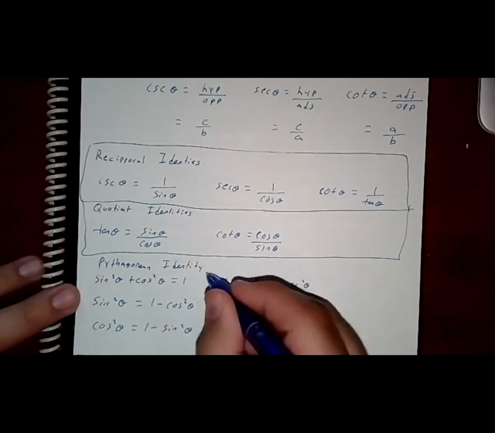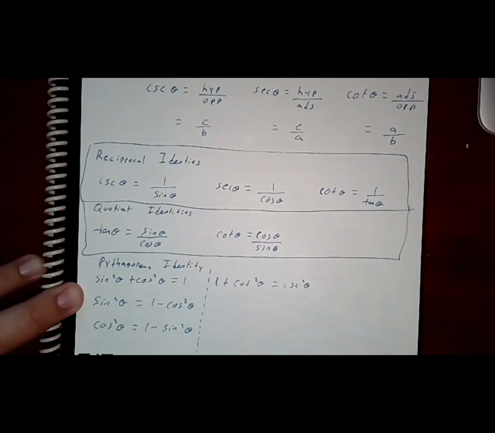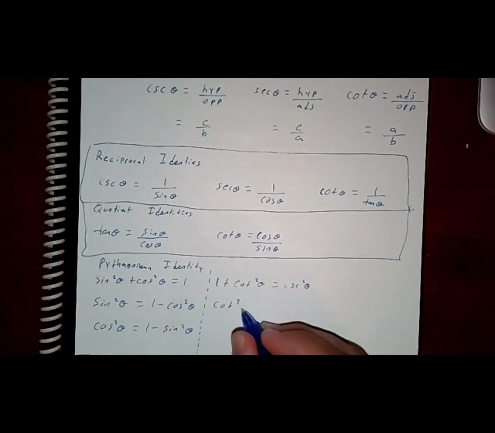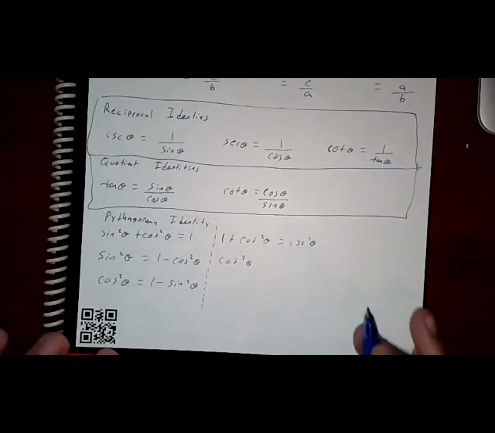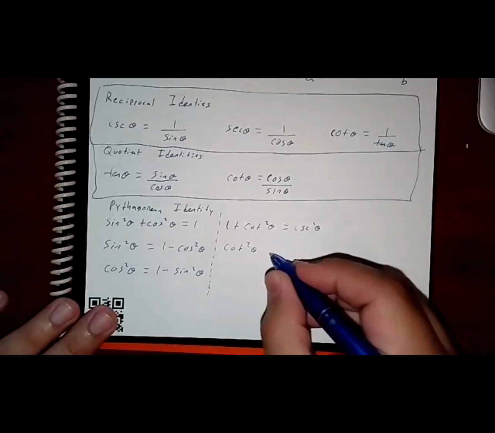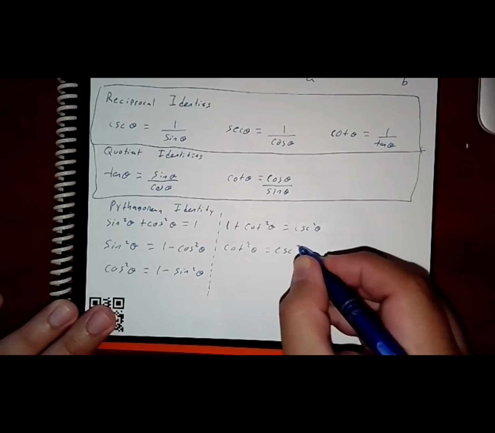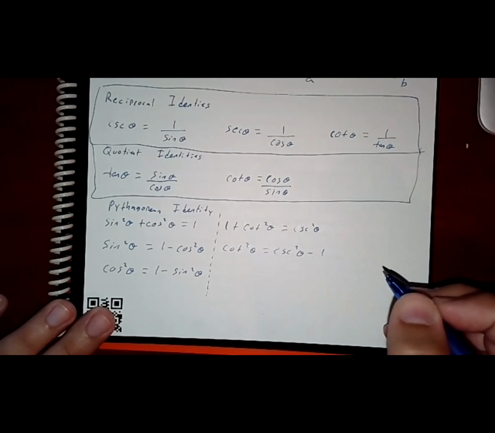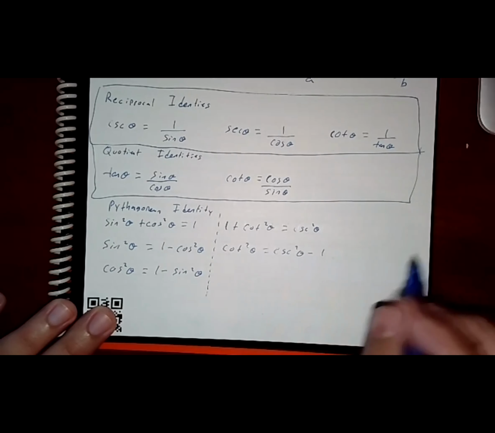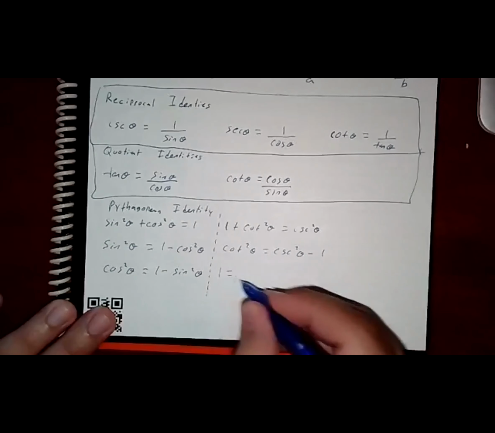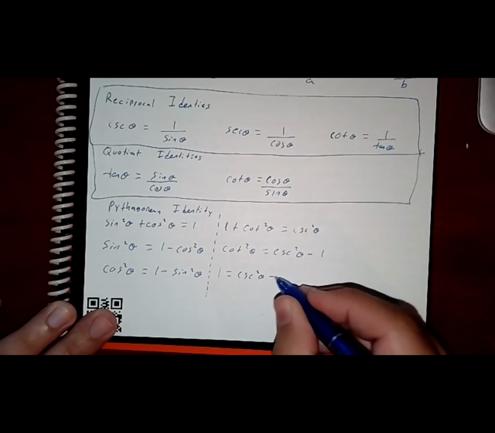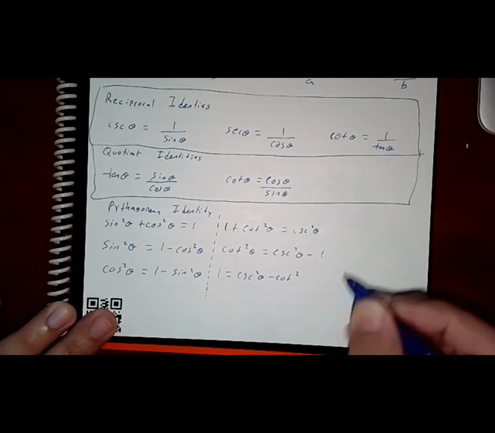Now do some algebra. Subtract the 1 over and you'll get cotangent squared theta equal to cosecant squared theta minus 1. Subtract the cotangent and you'll have 1 equal to cosecant squared theta minus cotangent squared theta.